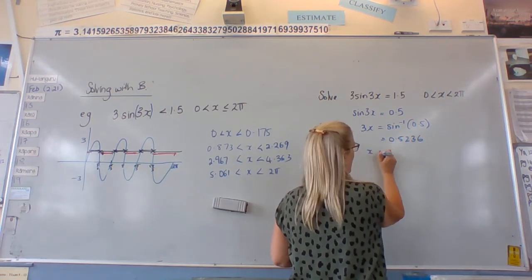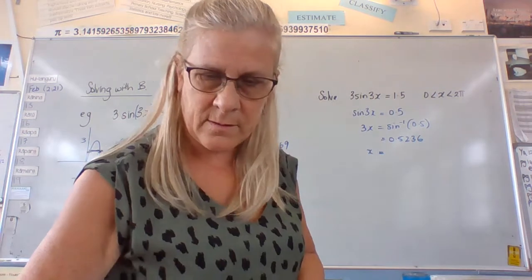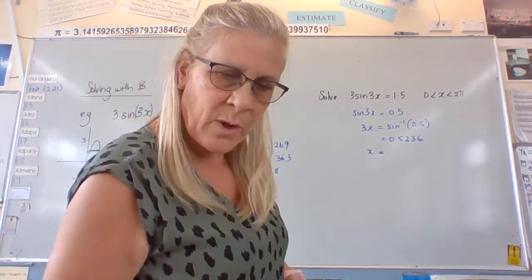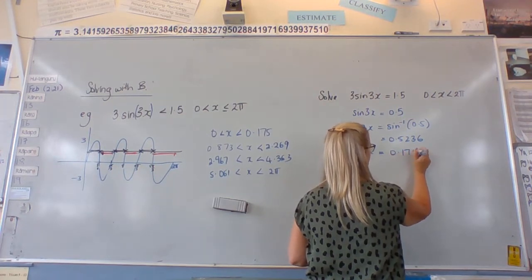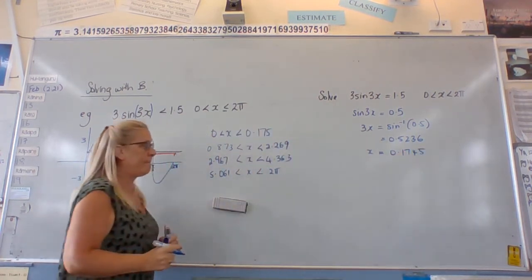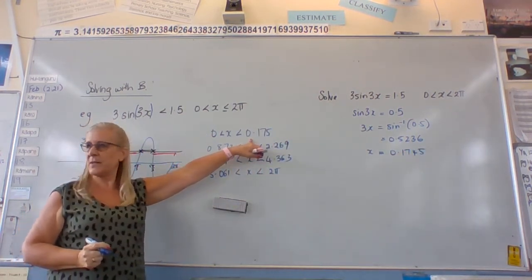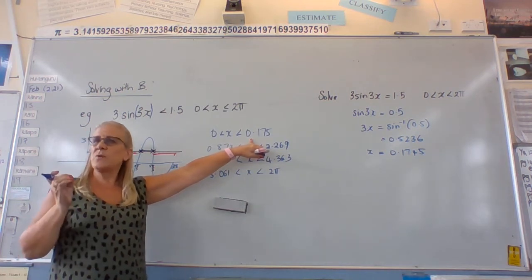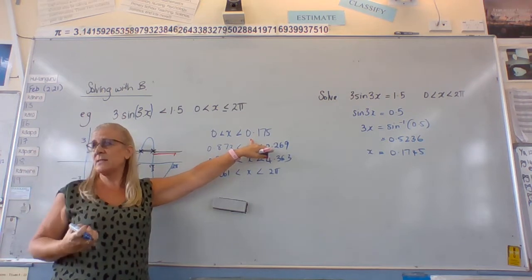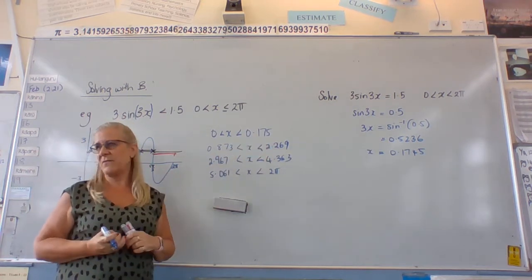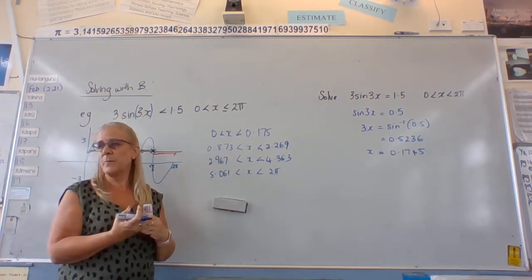Divide that by 3. 0.1745. This one. All right? So it will nearly always find the closest value to the y-axis, and then we have to use that value to find more.